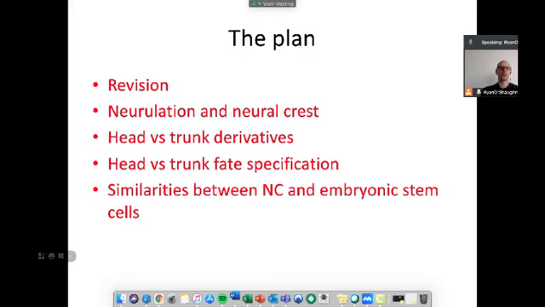We saw that difference between SOX9 and SOX10, where SOX9 produces neural crest cells that form the structures of the head, and then SOX10, which forms all the trunk derivatives of neural crest cells.